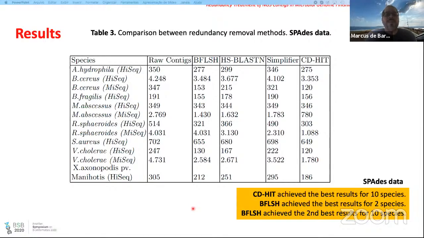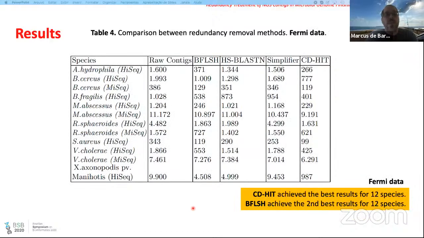For SPAdes data, CD-HIT achieved the best results for 10 of the 12 species, but BF-LSH achieved the best results for 2 species and achieved the second best performance in reducing redundancy for the other 10 species. For Fermi data, CD-HIT achieved the best results for all 12 species, but BF-LSH also achieved the second best results for 12 species.